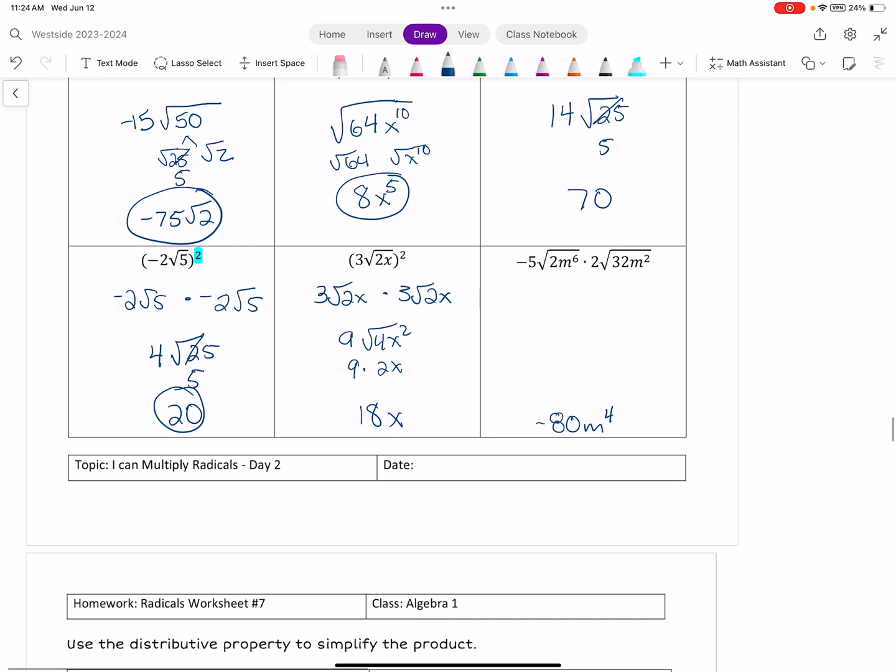We would get negative 5 and 2 makes negative 10. 2 and 32 is 64. m to the 6th and m squared is m to the 8th. Well, the square root of 64 is 8. The square root of m to the 8th is m to the 4th. So I'd get negative 10 times 8m to the 4th, which is negative 80m to the 4th.